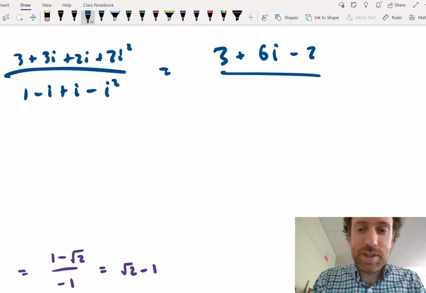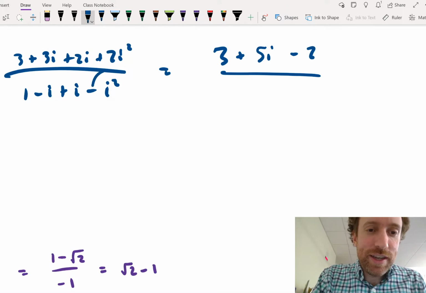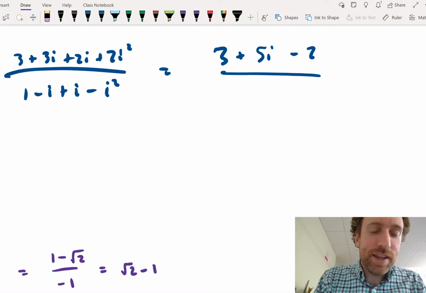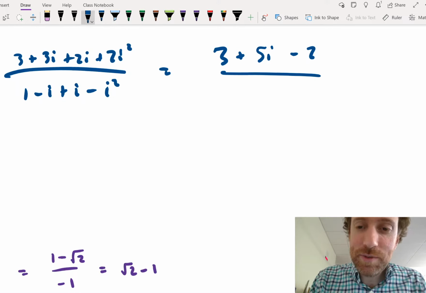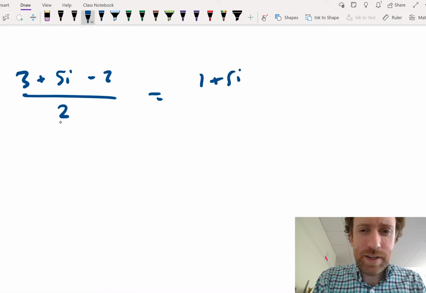And on the numerator, that's not 6i. 3 plus 2 is 5i. My spidey sense was tingling. And then you get i squared, which is -1. So you get 1 minus -1, which is 2. And you get 1 plus 5i over 2.